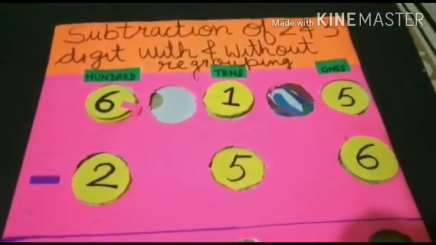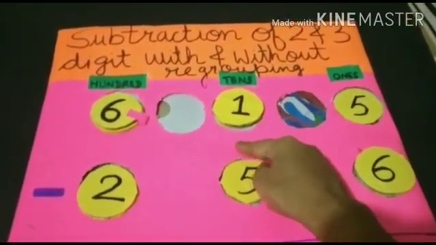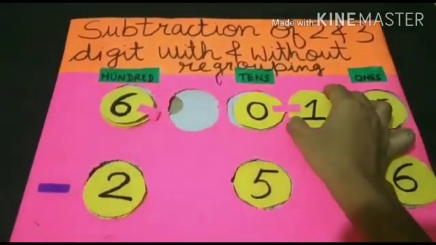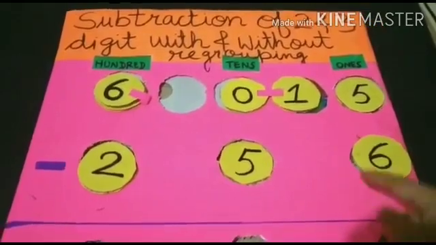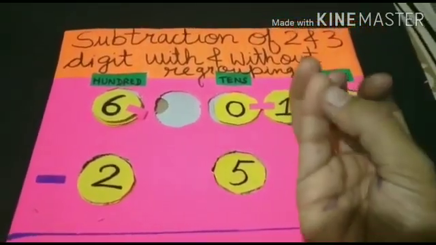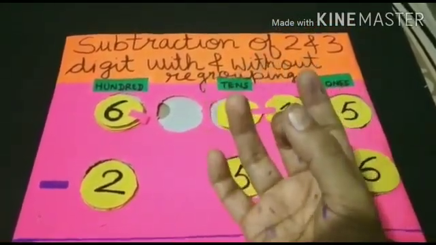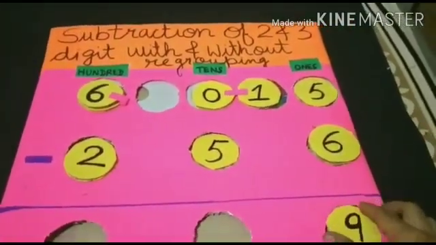What will we do? Yes, we will borrow from the tens place value. So this 1 tens will give 1 tens to 5. It will become 15. Now it is very easy to subtract 6 from 15. After 6 we will count on fingers: 7, 8, 9, 10, 11, 12, 13, 14, 15. So our answer for the ones place is 9.